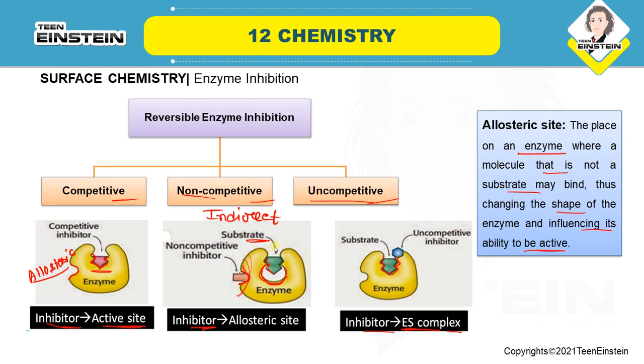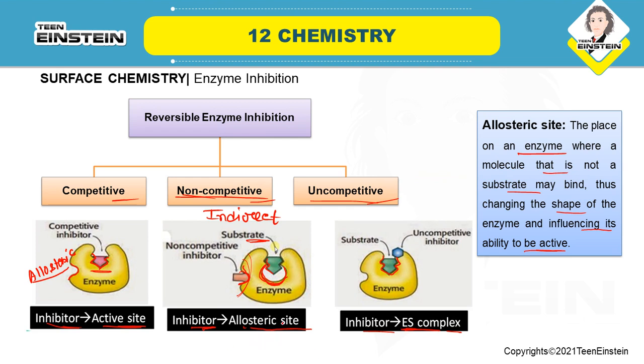Now the activity of the enzyme is no longer present because this inhibitor is attached to the allosteric site, and the shape is changed. So now the substrate cannot recognize the shape, because the shape is not complementary, right? So this is the allosteric site. Basically when we say non-competitive inhibitor, it is actually an allosteric inhibitor.